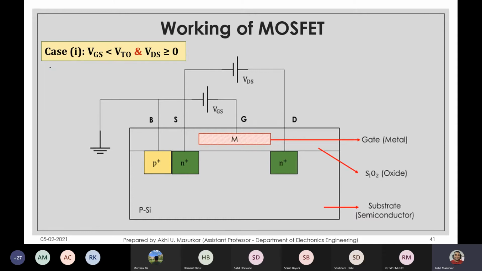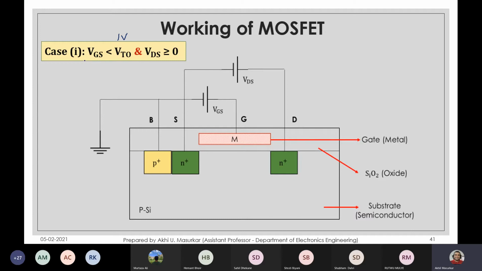can we say VGS is greater than 0 but small? VGS is greater than 0 but small. For example, if VTO is 1 volt, then when we write VGS is less than VTO, it means it is less than 1 volt. So less than 1 volt means it is positive, it might be 0.5, it might be 0.6. So 0.5 and 0.6 are positive, but they are not as high as the threshold voltage, which is the voltage required to form the channel.